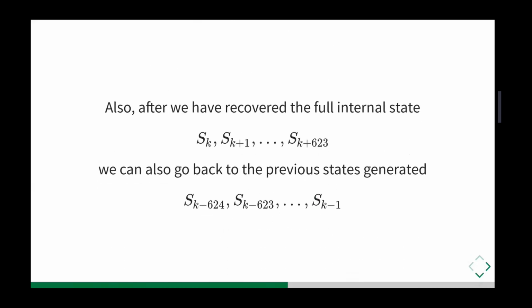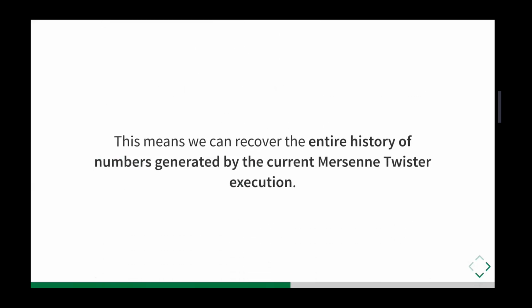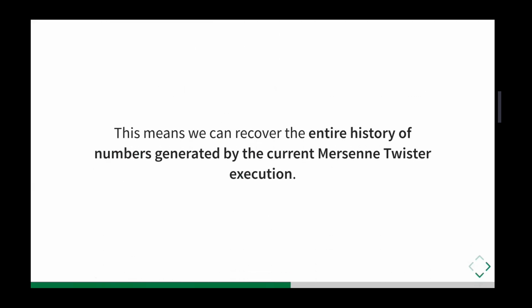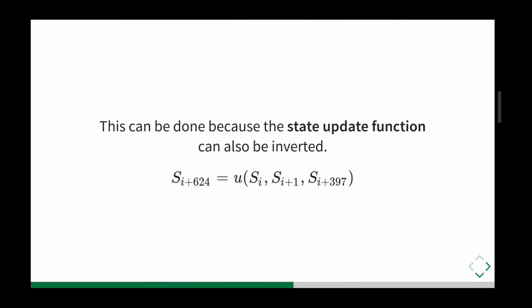But there is another thing: after we have recovered the full initial internal state, we cannot only go forward. We can also go backwards, because we can also invert the state update function. And this means that we can recover the entire history of the numbers generated by that execution of the PRNG. I mean, this is a common theme in cryptography.